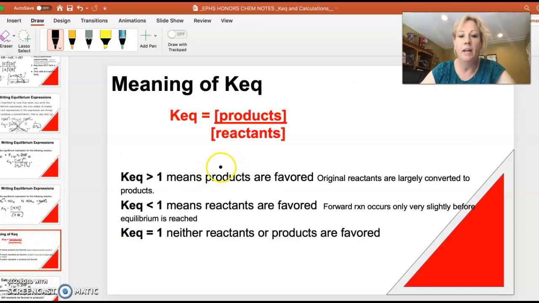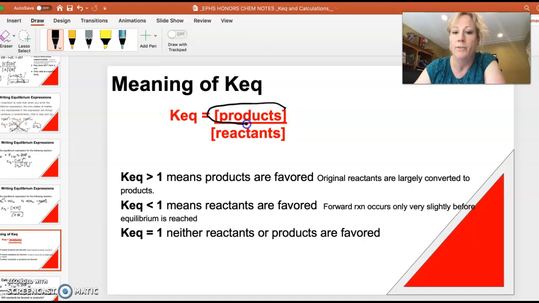So the meaning of KQ, we're going to calculate it in just a minute. If you think about the expression as products over reactants, if you get a value greater than 1, that would mean you'd have more of what's in the numerator. So in that particular reaction, you're going to have more products than reactants. And also, if it's less than 1, then that would mean you have more reactant than product.